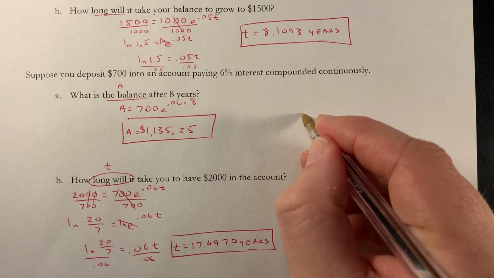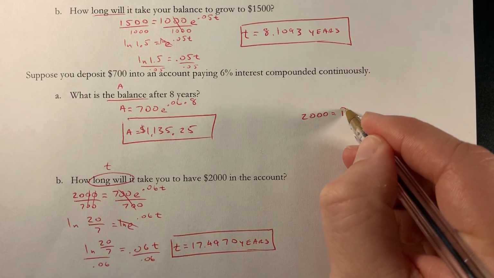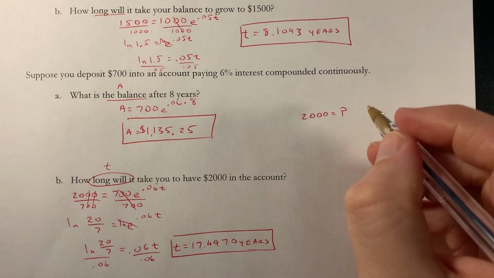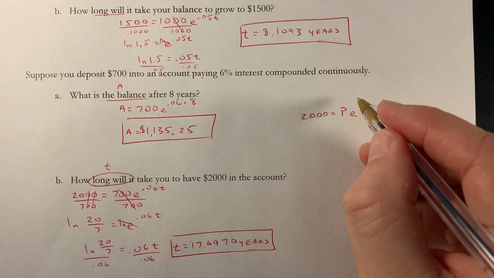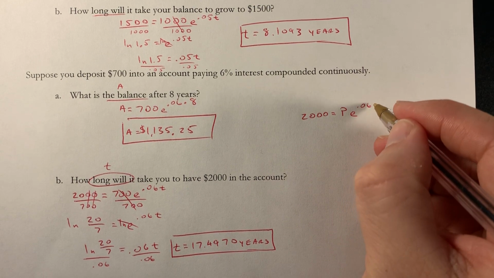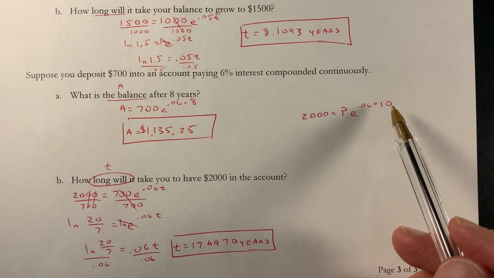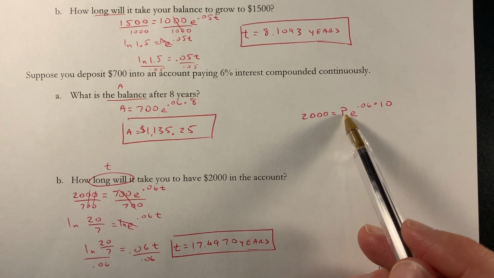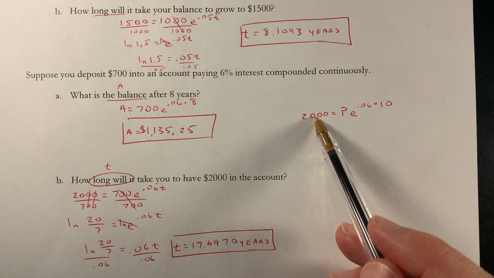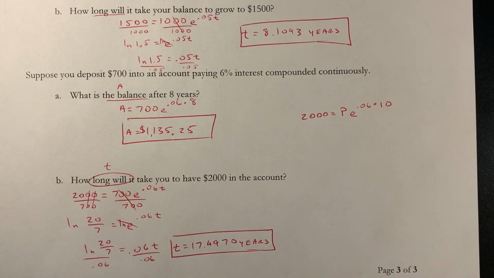So if we want $2,000 to be the ending balance, we want to know how much to deposit times e to the 0.06, and we said after 10 years. Okay, so this is going to tell us how much money to deposit so that we have $2,000 after 10 years at a 6% interest rate.